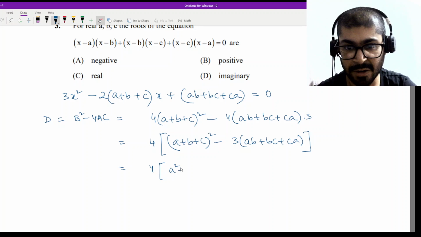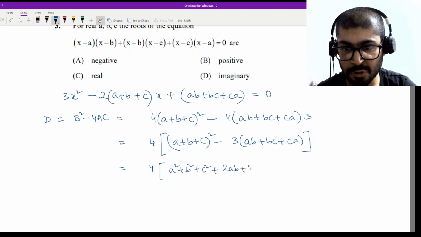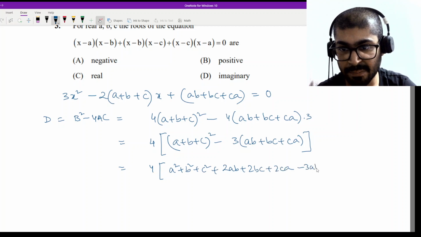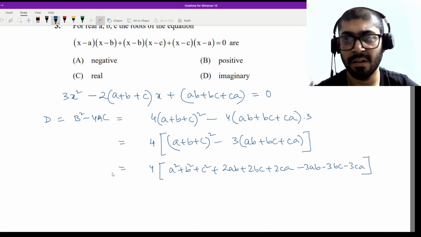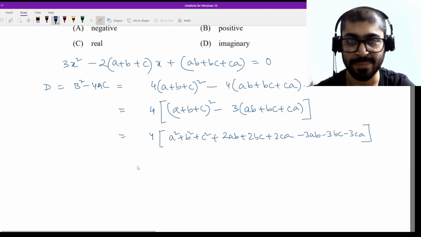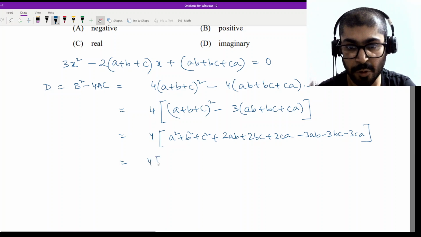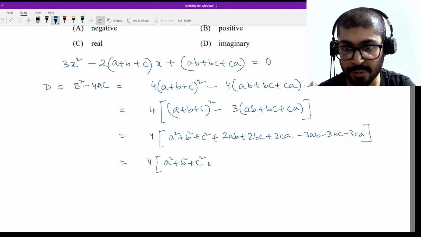So this will be a square plus b square plus c square plus 2ab plus 2bc plus 2ca, and I'll have minus 3ab minus 3bc minus 3ca, right? Quite easy, just expanding the algebra. Now I have 4 into (a square plus b square plus c square minus ab minus bc minus ca).